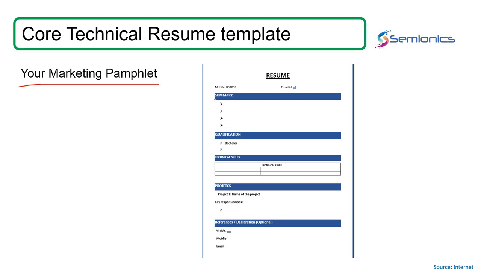Okay, so we've got different sections over here: summary, qualification, technical skills, projects, and references. Let's take them one by one. I'll get into detail in the next slides, but briefly, your summary defines the overall gist of your resume. Whatever is written over here is the extract of it: your qualifications, your achievements, your high-end skills, what you want to highlight, which should make you stand out of the crowd.